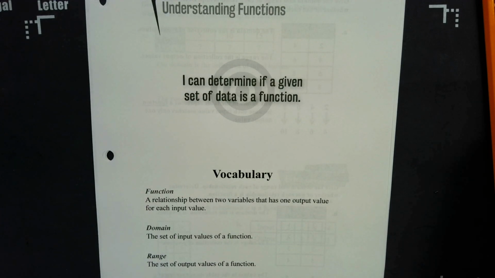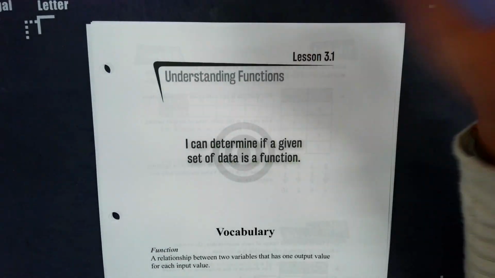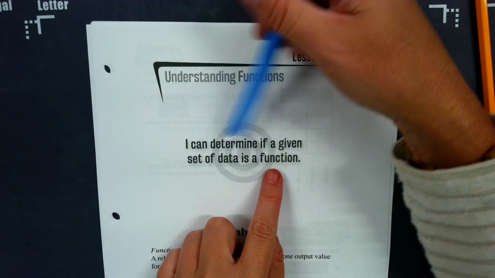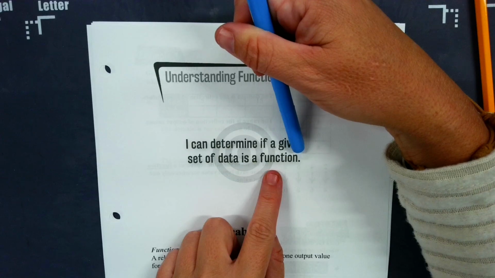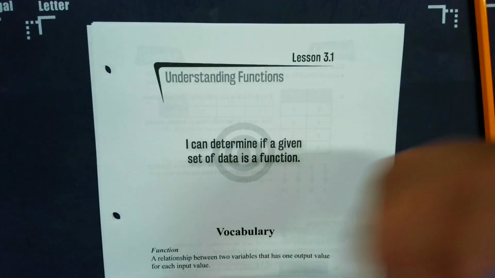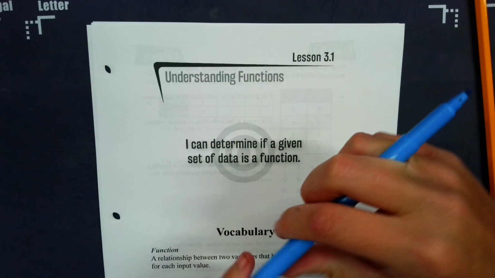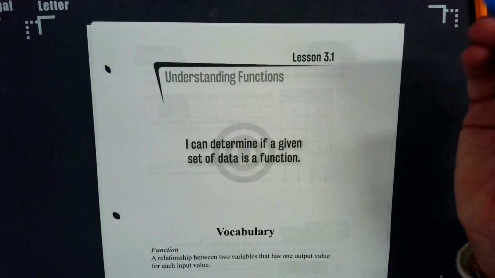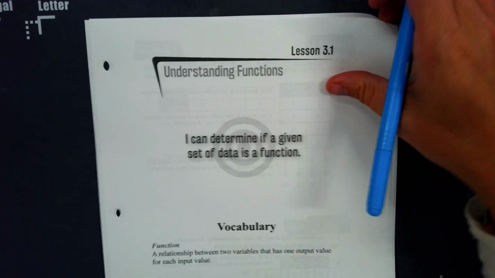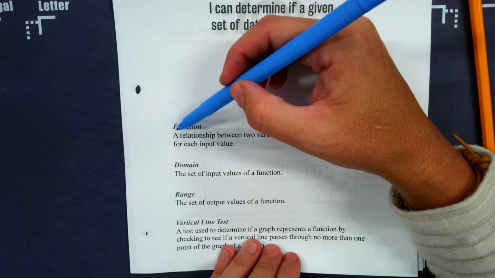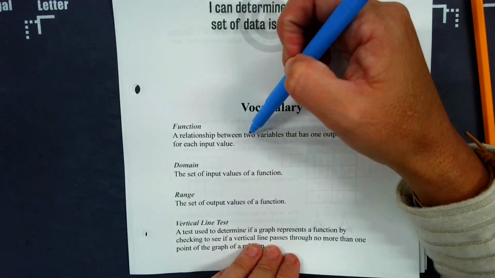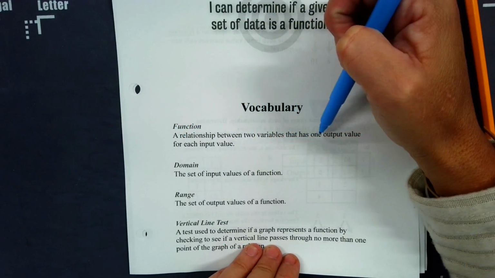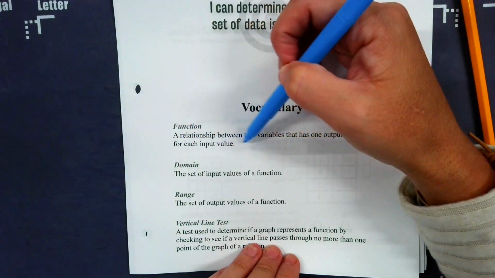Okay, here we go. So today's content objective: I can determine if a given set of data is a function. Pretty simple, right? We've already looked at how we do it with a graph. Okay. So let's look at our vocabulary. Function, a relationship between two variables that has one output value for each input.